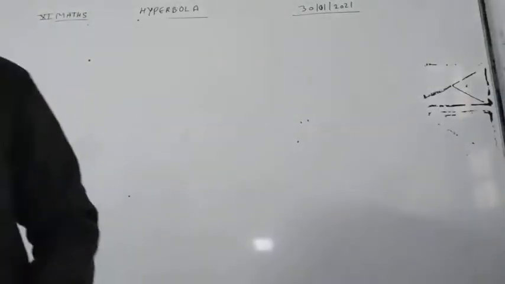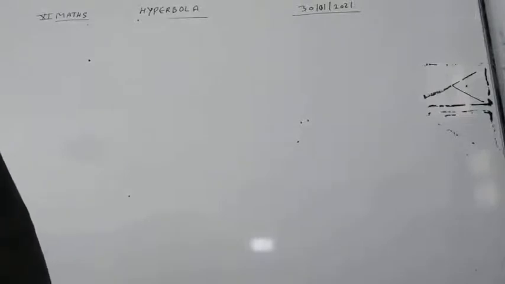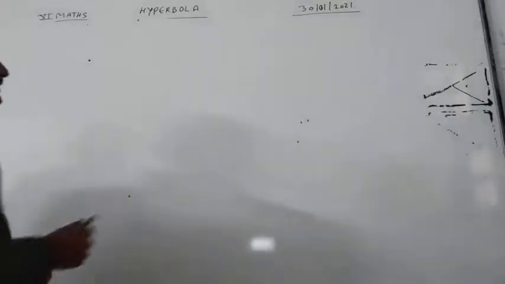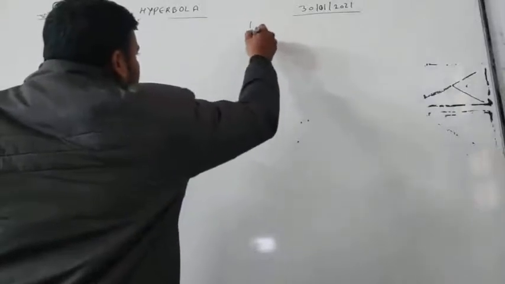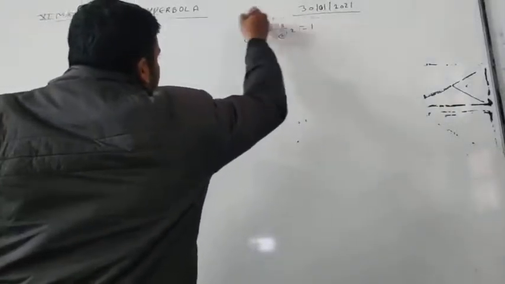Our next question is student, if E and E dash be the eccentricity of the hyperbola and its conjugate, then prove that 1 by E square plus 1 by E dash square is equal to 1.